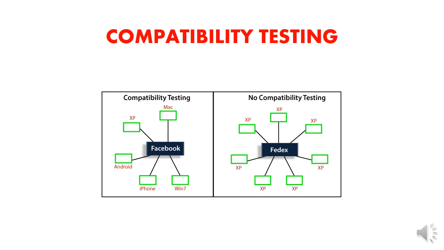We'll be checking the interoperability or compatibility with Mac devices, Windows XP, Android systems, mobile, iPhones, and the Windows 7 operating system. Whereas with no compatibility checking, we'll be checking with all the XPs. So if compatibility is not checked, then you cannot ship the product.